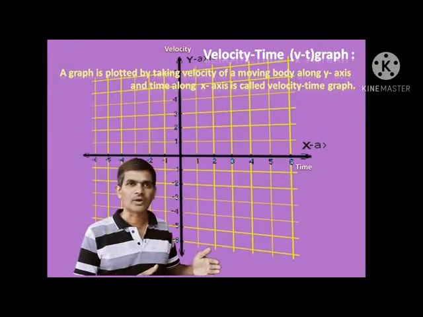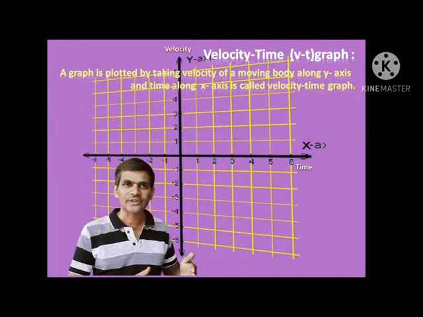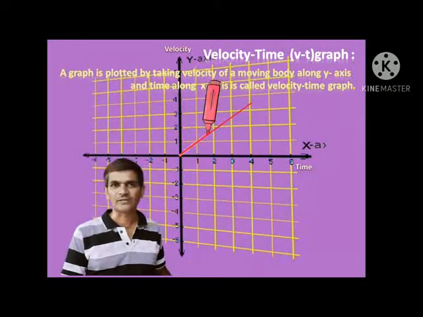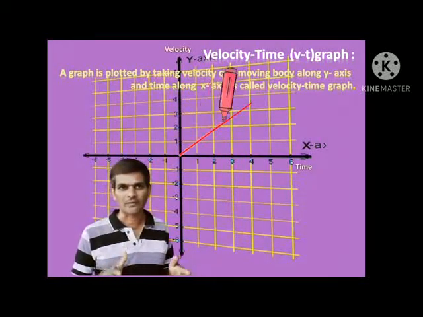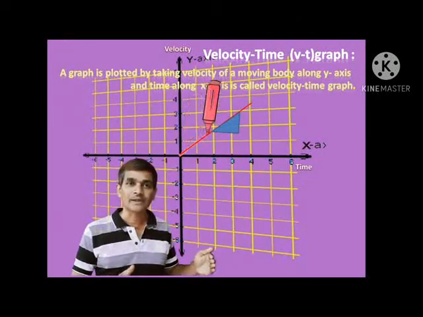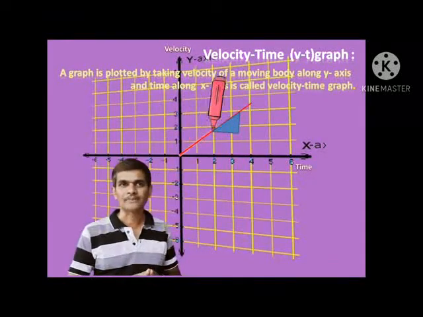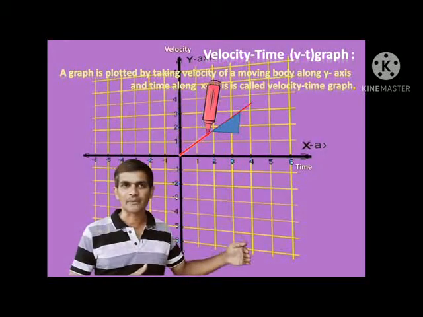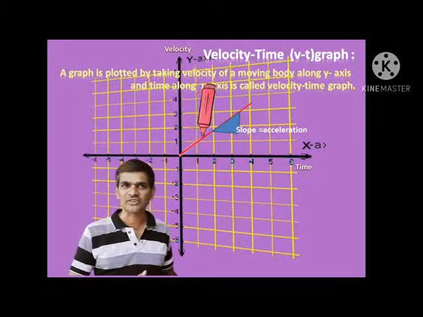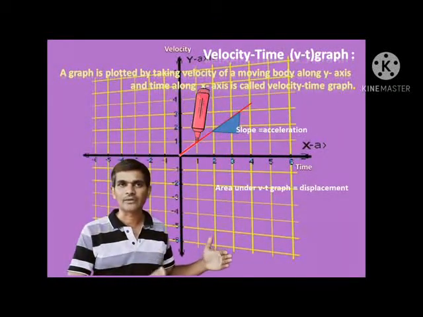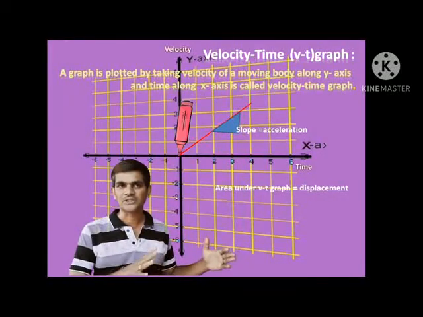Using this graph, we can determine the distance traveled or displacement, and its acceleration. The slope of the velocity time graph always represents acceleration. The area under the velocity time graph in a particular time interval gives the displacement or distance traveled.